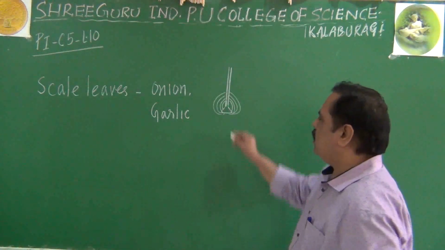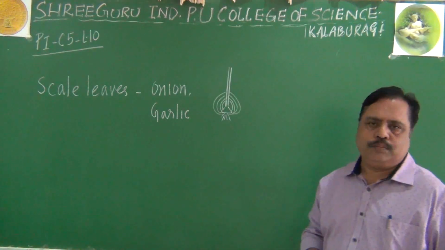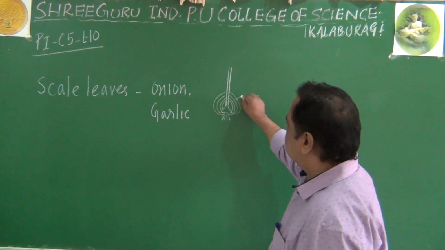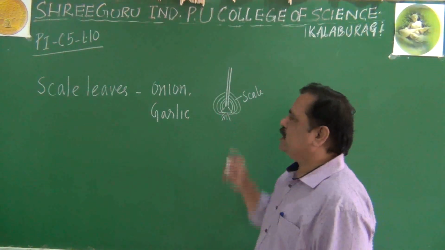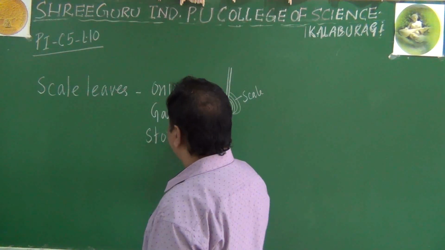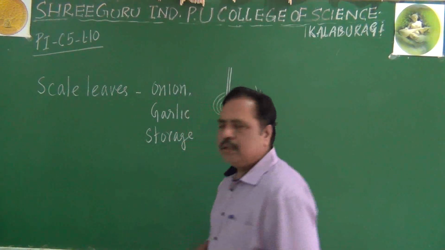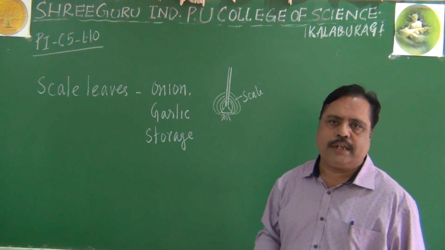At the base of this, we could come across roots also. So these are called scale leaves of the onion. What is the purpose of these scale leaves? They store food and minerals in them. Storage of minerals is done in the case of onion.